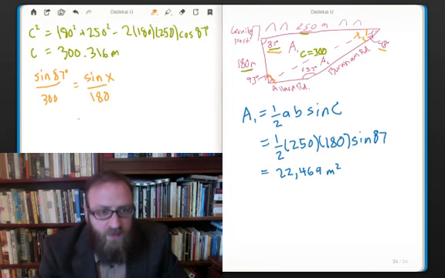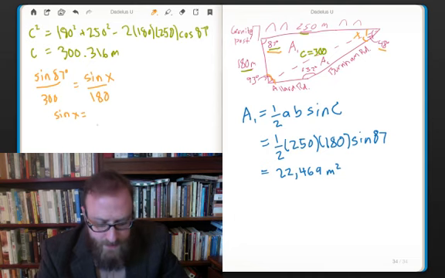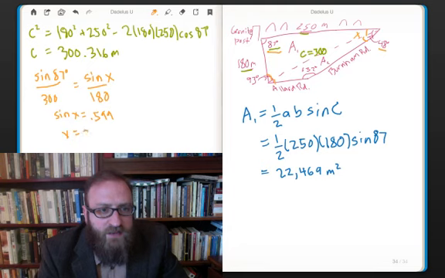So again, you cross multiply, and you get sine of x equals about 0.599. You can just plug that in your calculator. And so angle x, when you do the inverse sine of both sides, is 36 point something.